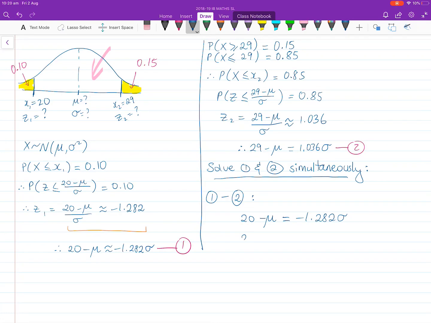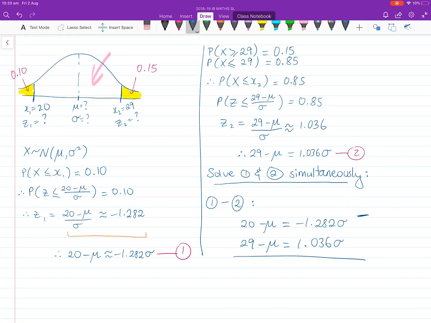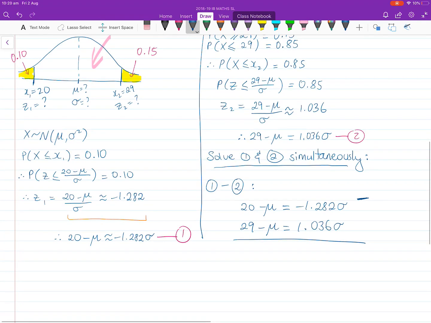And then underneath it, 29 minus mu equals 1.036 sigma, and we're subtracting. When you work down the page, like in year 7 and 8 arithmetic, 20 take away 29 gives negative 9. Negative mu minus mu is 0. That's why I did that, because then the mu's will cancel.